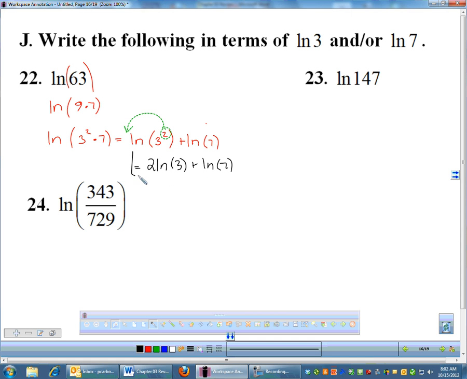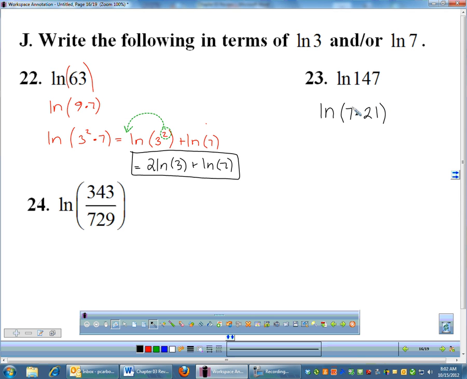There we go. And my next one, 147, I'm going to try to do the same thing and play around with it on the calculator. I know 7 is going to go into 147 21 times. So I have 7 times 21, and then 21 is 7 times 3. So I'll turn 21 into 7 times 3.